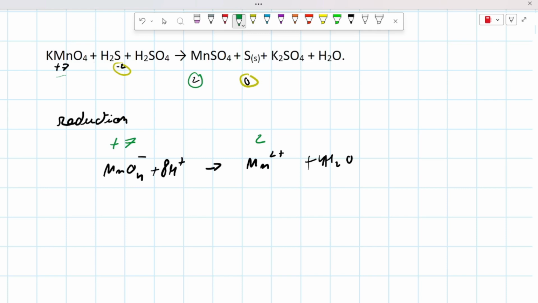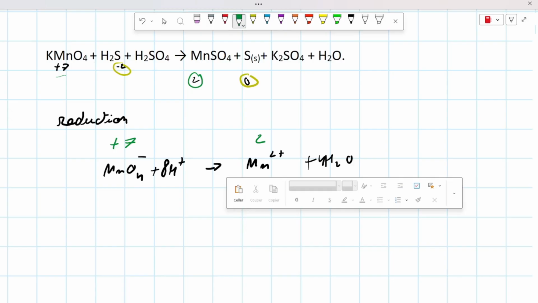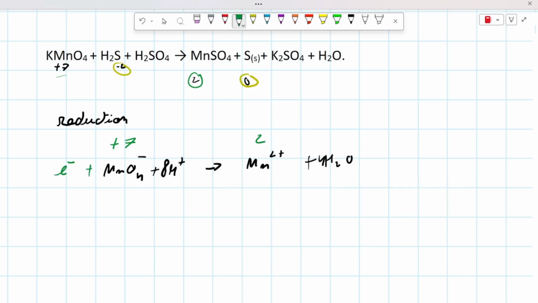So in order to do that, we will add electrons, because they have a charge of -1, and since we went from 7 to 2, we did -5, so we need 5 electrons.